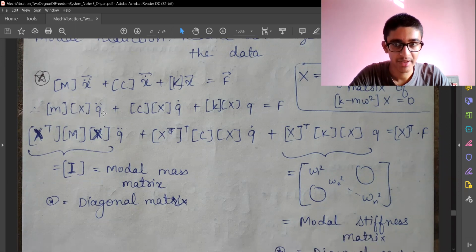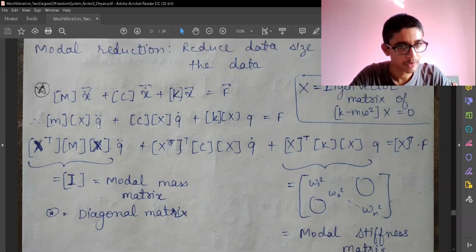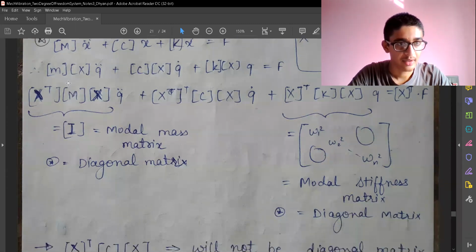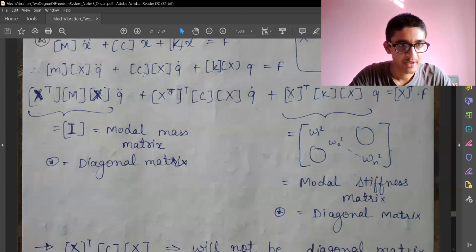Then we convert it to modal coordinates directly. We have used that change of basis matrix, and now we have pre-multiplied it with X transpose, that is, the change of basis matrix transpose. The transpose must be outside, not inside.